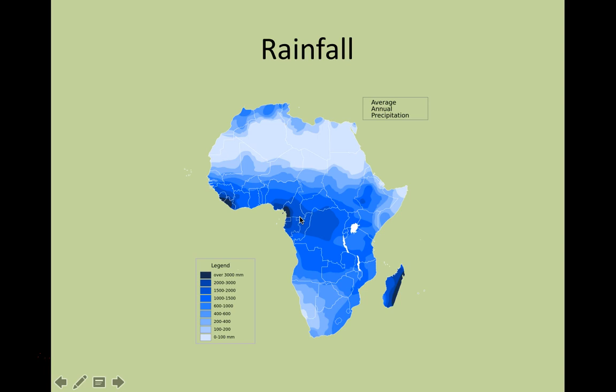A couple of important points, right? Once the rainfall gets below 400 millimeters, 40 centimeters a year, farming becomes very difficult, almost impossible, you might say. And so there is this line, okay, right around there, so all through the Sahel here, where south of that line, agriculture is possible.